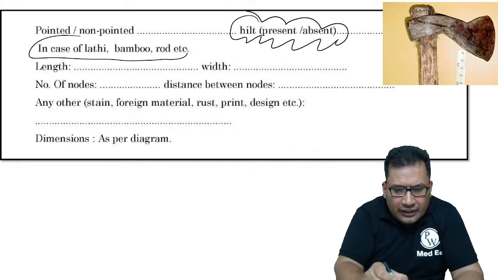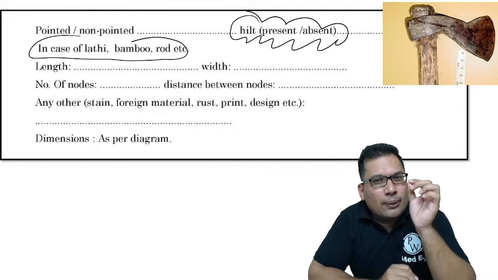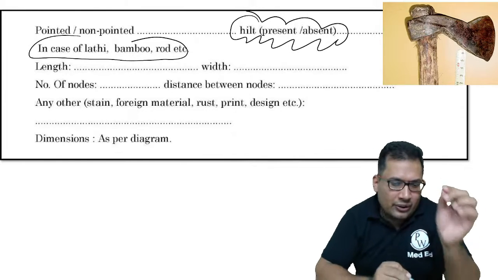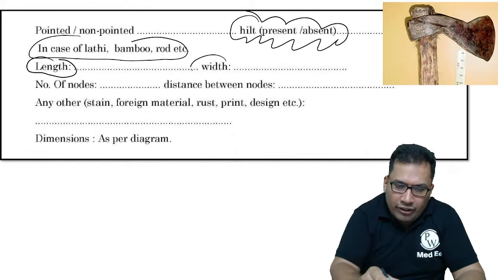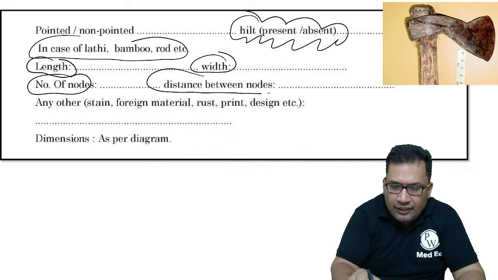If a lathi or some bamboo rod is given, then you need to write some important opinion about the number of nodes and the length of the lathi or bamboo, width of the bamboo, number of nodes and distance between the nodes.